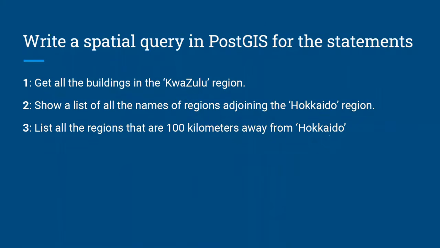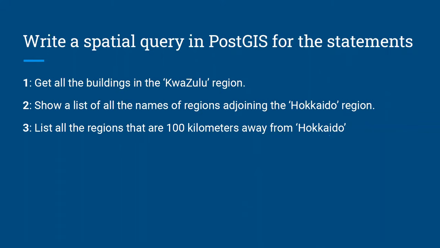The first, second, and third questions in this practice assignment are as follows. Write a spatial query in PostGIS for the statements. These are the statements. First, get all the buildings in the Quad-Sula region.